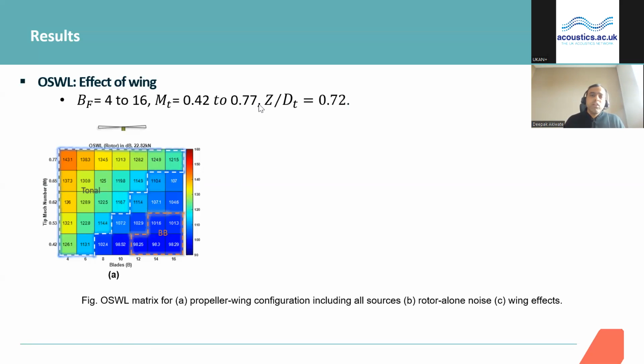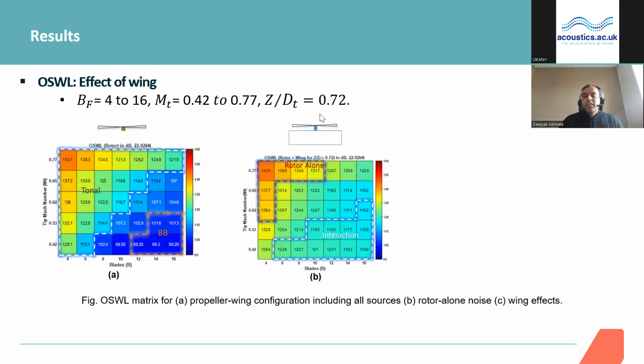So we assume a baseline case which has a separation distance between the propeller and the wing of 0.72, and this separation distance is from the mid chord of the propeller to the mid chord of the wing, which is close to 0.72 for a baseline ATR42 configuration.